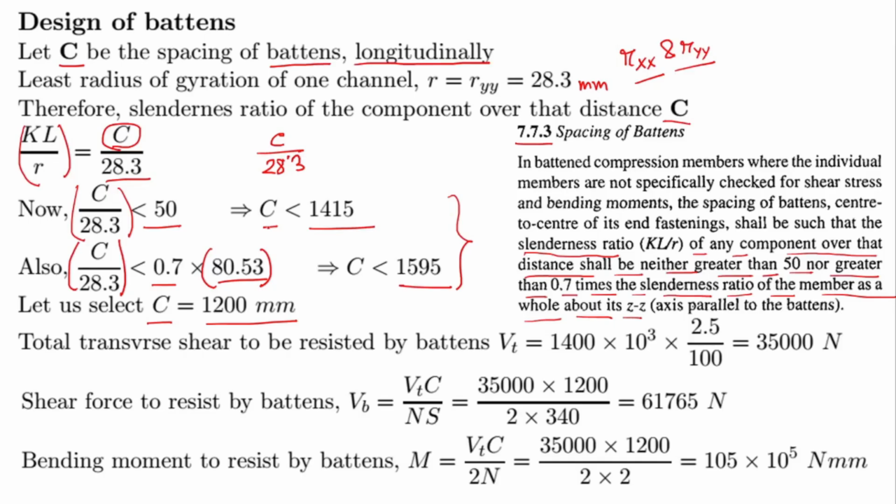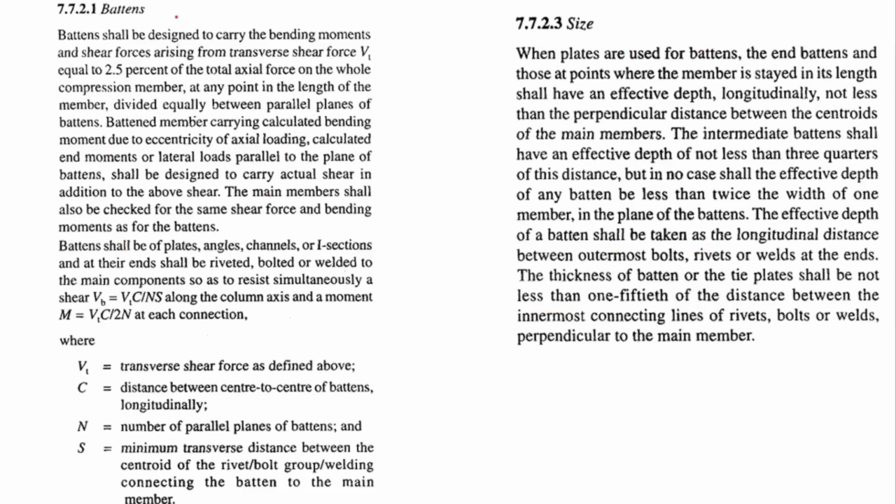Total transverse shear to be resisted by battens, Vt. If I see the clause 7.7.2.1 for battens, battens shall be designed to carry the bending moments and shear forces arising from transverse shear force Vt equal to 2.5% of the total axial force.